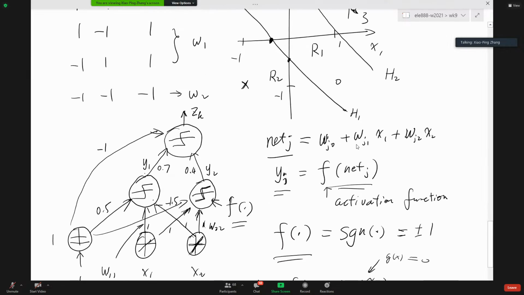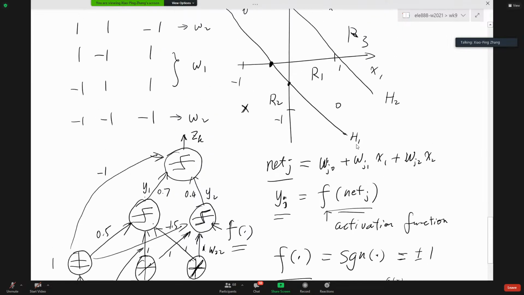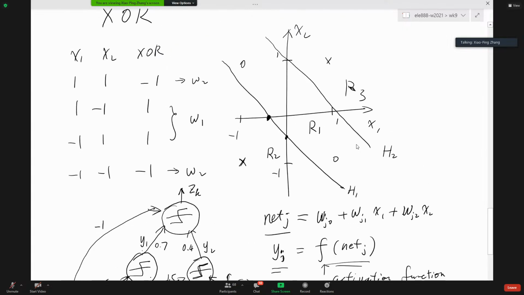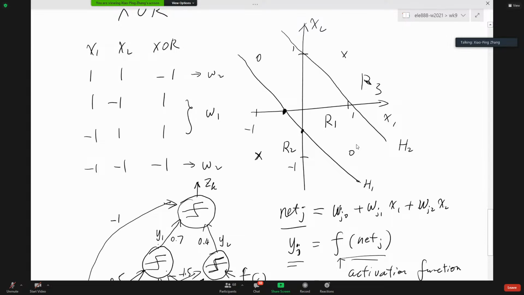So at R1, this is on this side. We know that y1, from the y1 point of view, is positive on all this side. It's kind of like an OR function. Why do we say this?